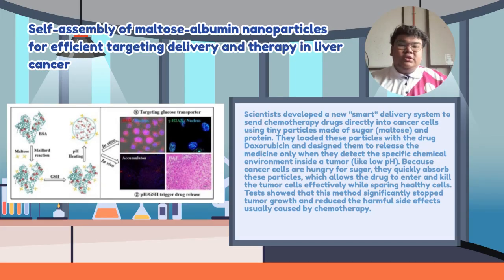They loaded this particle with a drug, doxorubicin, and designed it to release the medicine only when it detects a specific chemical environment inside the tumor, like low pH. Because cancer cells are hungry for sugar, they quickly absorb this particle, which allows the drug to enter and kill the tumor cell effectively while sparing healthy cells. Tests show that this method significantly stops tumor growth and reduces the harmful side effects usually caused by chemotherapy.